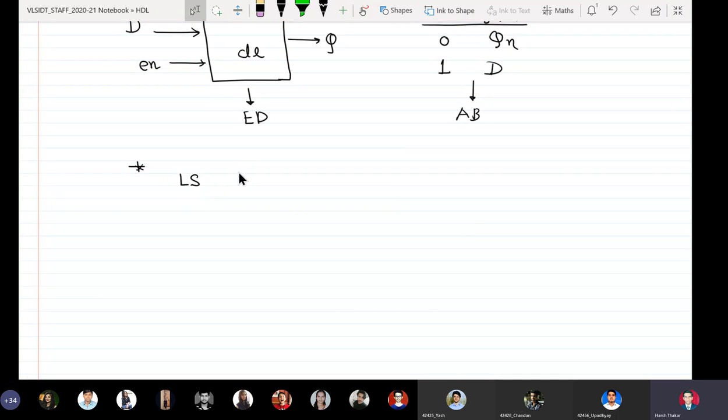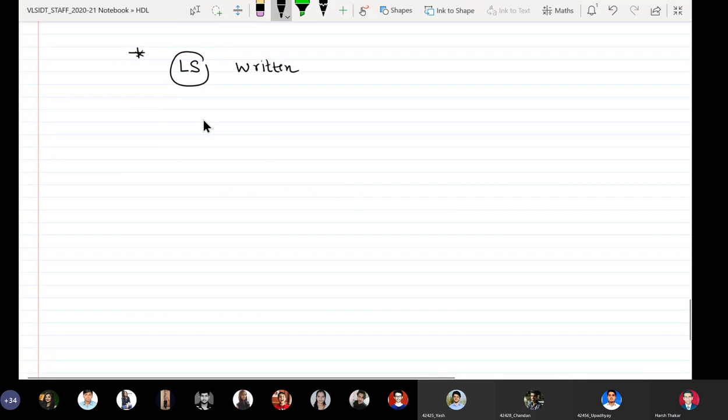Library statements, assume that they are written. Entity DL is port. Two inputs are there, both of them single bit.